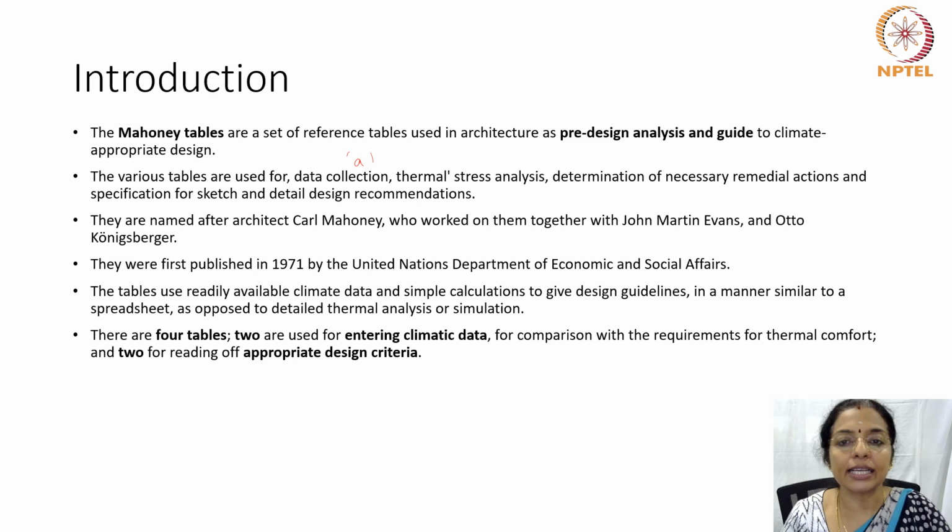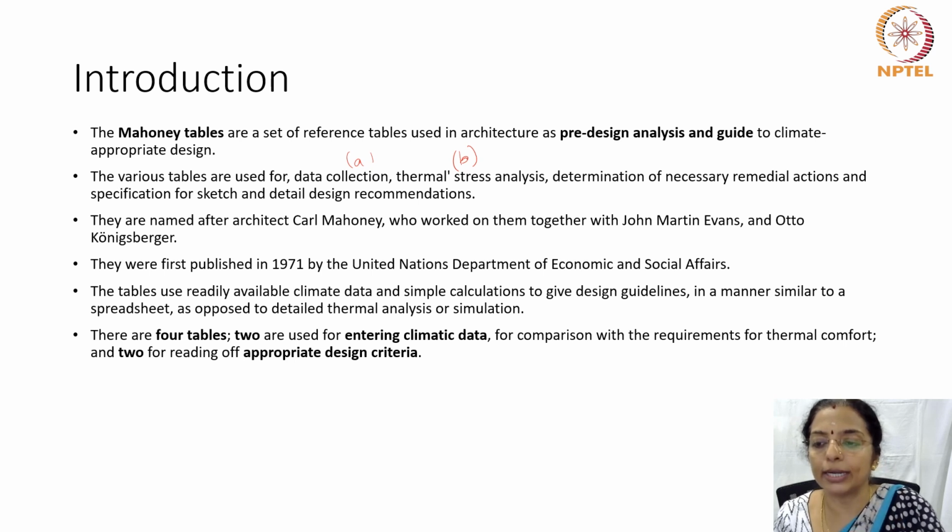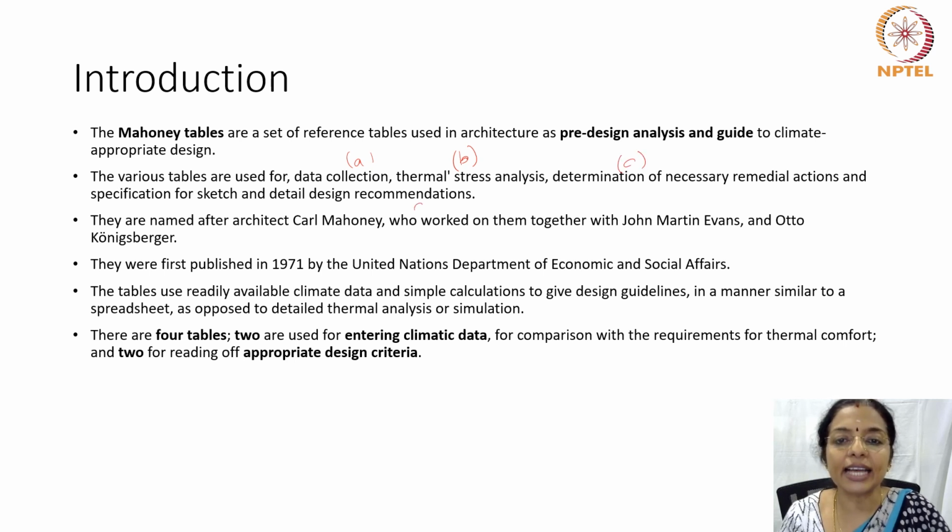Then there is thermal stress analysis: at what temperature the people there would feel very warm, or at what temperature it will be determined as cold, the way we saw in our thermal comfort class. Then determination of remedial measures, and then design recommendations. So Mahoney's table comprises these four parts.